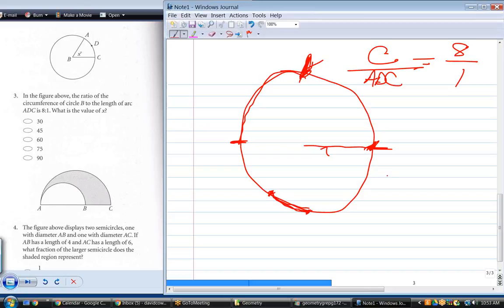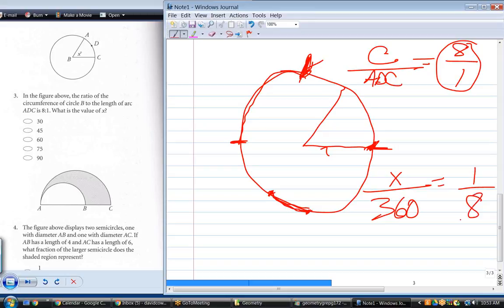What does x divided by 360 have to be? Here's our ratio. They're telling us what the ratio is. It is 8 to 1, only the way I've written it, it needs to be 1 to 8.